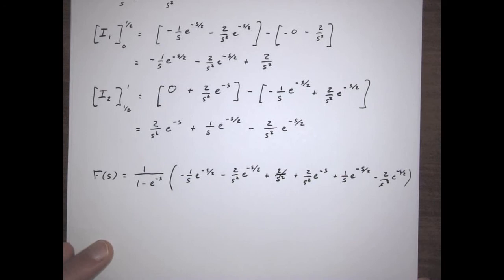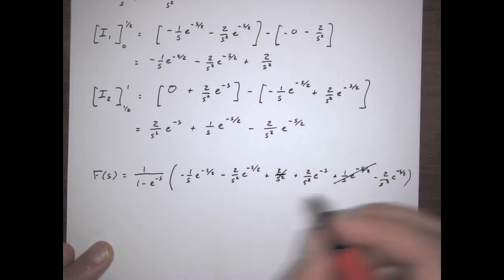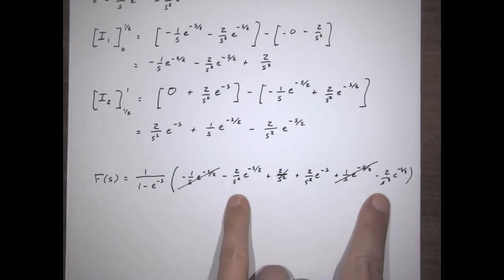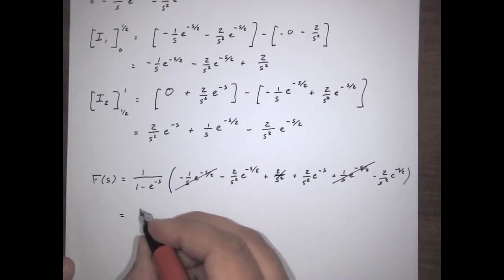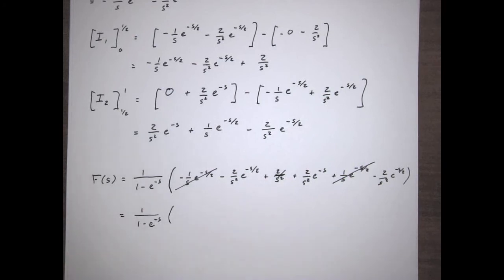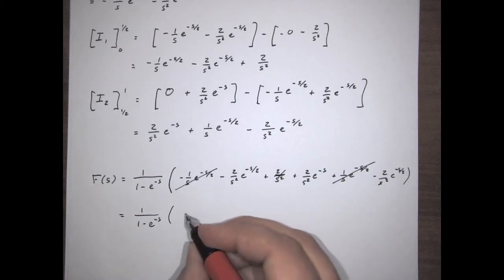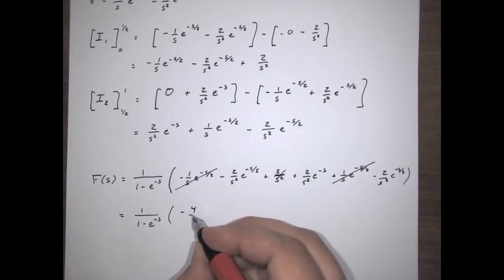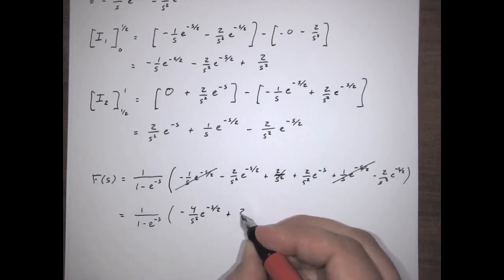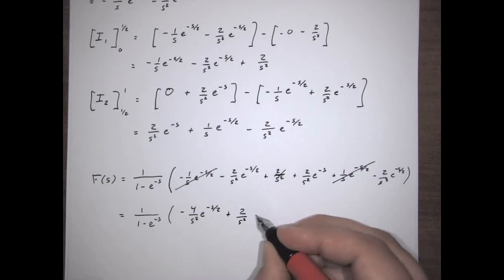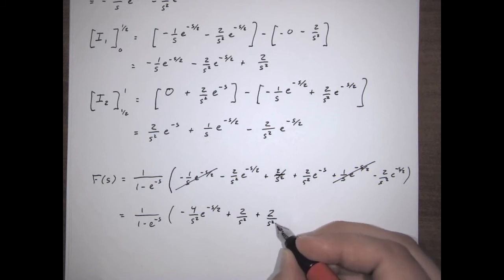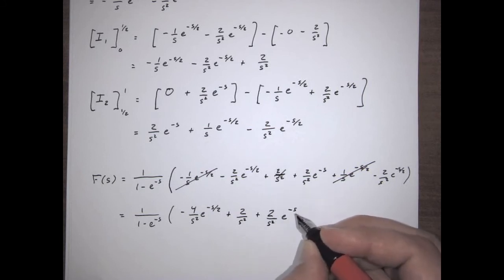Now some things here will combine, some things will cancel. Those will cancel each other. These two will combine with each other, and so then we'll have 1 over 1 minus e to the minus s times, now we'll have minus 4 over s squared e to the minus s over 2 plus 2 over s squared plus 2 over s squared e to the minus s.